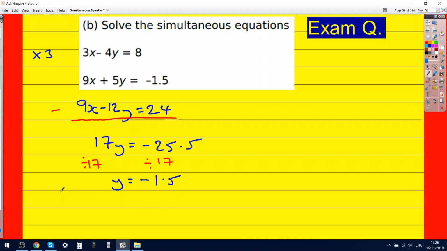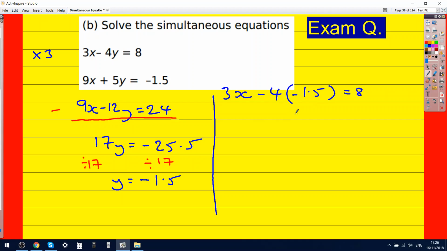So y equals minus 1.5. Then you can do for the first equation: minus 4 times minus 1.5, which is 6.